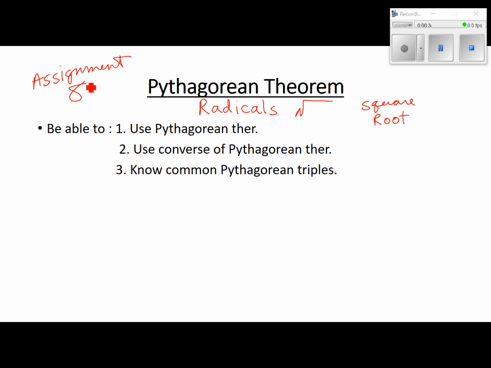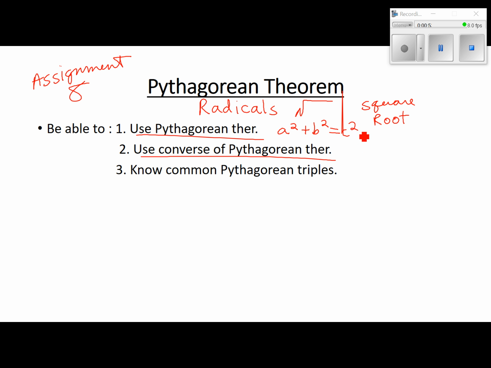So we're going to talk about using Pythagorean's theorem to solve for the missing side of a right triangle, and the converse of Pythagorean's theorem. Hopefully most of you know that Pythagorean's theorem is a squared plus b squared equals c squared, where a and b are the legs and c is the hypotenuse.